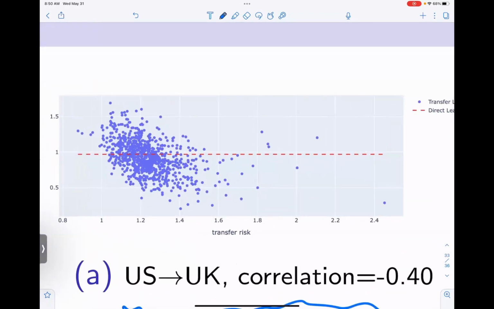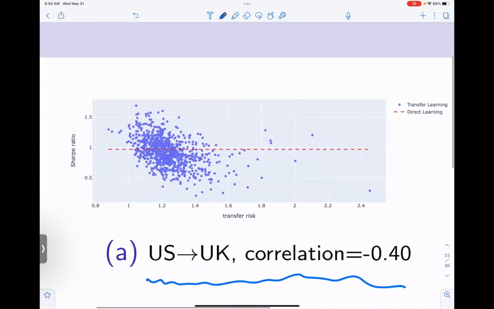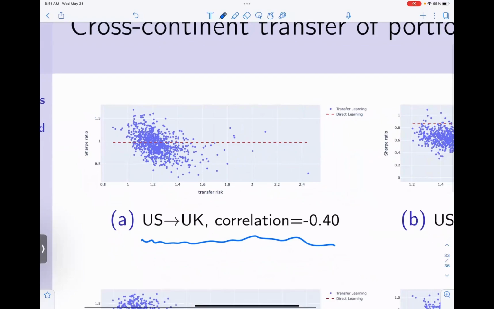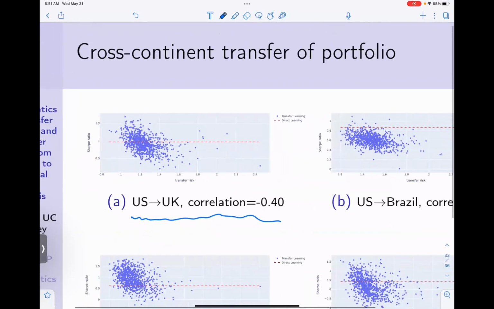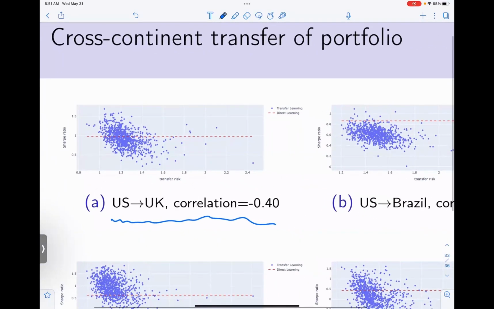You can see that this x-axis is the transfer risk, and this y-axis is the Sharpe ratio. From US to UK, this is about 1,000 data points. I try to see what the correlations or distributions of transferability between US and UK are.